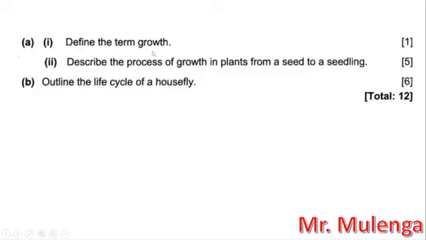Define the term growth. This question was carrying just 1 mark. Growth can be defined in many different ways. You can say growth is the permanent increase in size, number of cells, and complexity of an organism. Or you can define growth as the permanent and irreversible increase in size of an organism as a result of an increase in the total number of cells.